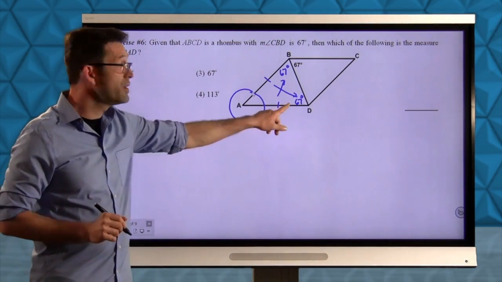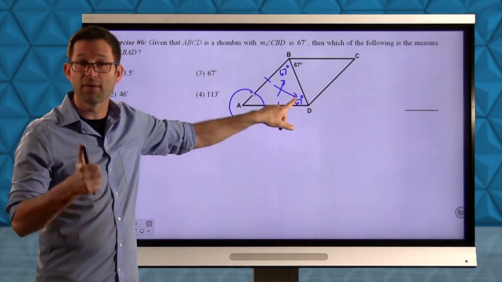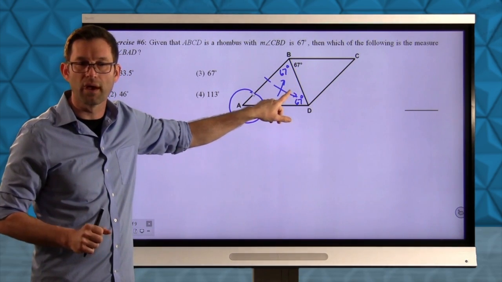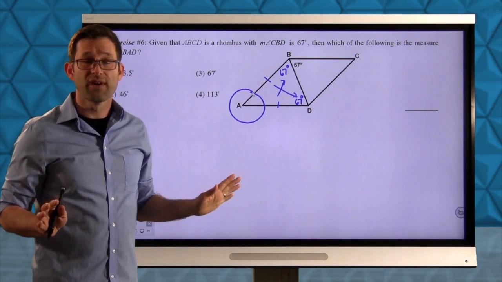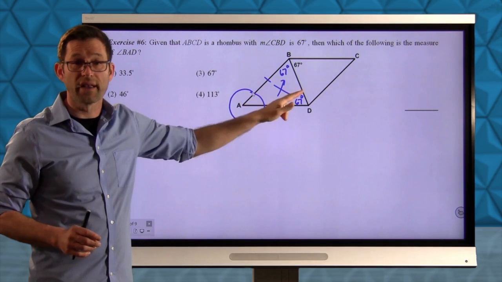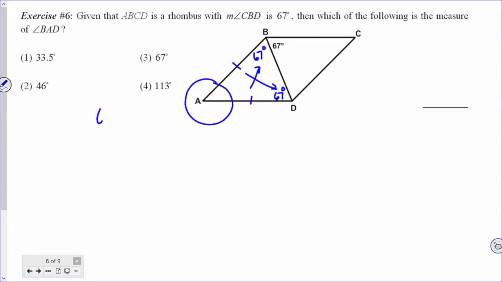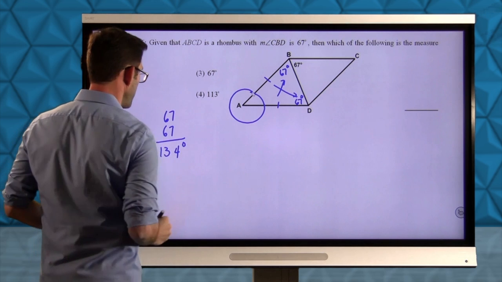Now you could say, well, I know that one was 67 because that's an alternate interior angle with that 67, and that would be awesome, okay? That's based on the fact that it's a parallelogram. Based on the fact that this thing is an isosceles triangle, I can say those two are also 67. Now, of course, I think this is pretty clear cut. I'll now take those two 67s and add them together and get 134 degrees.